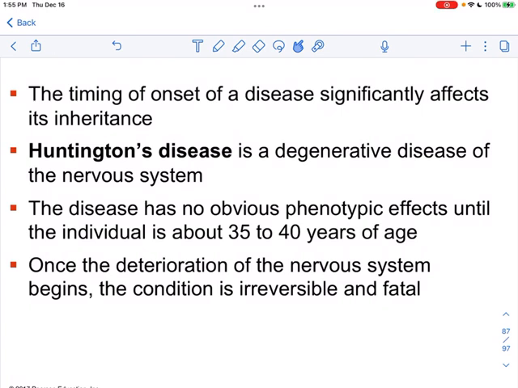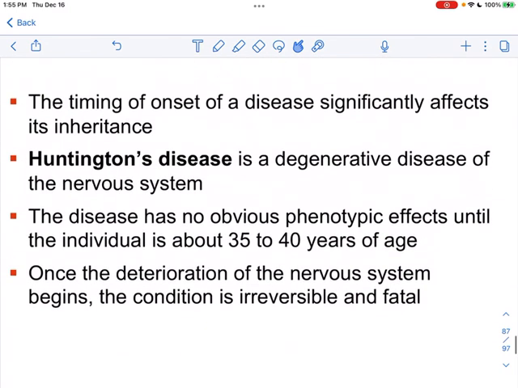There's still a lot of research being done on Huntington's to try to understand the progression. But it takes that long to lead to the deterioration of the nervous system, so much that we would actually start to identify that the Huntington's allele is present. So the condition is unfortunately irreversible and fatal.